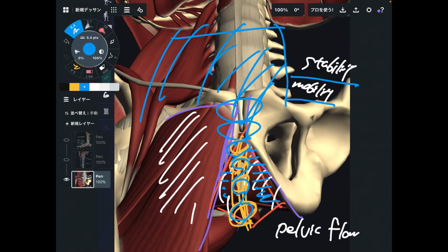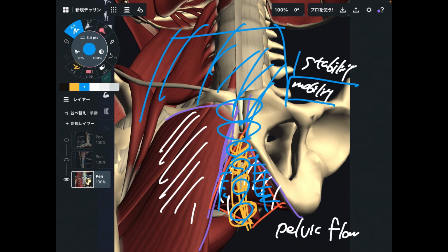It's such an important place. Stability and mobility. What if pelvic floor is aggravated? Maybe digestive control is aggravated. Urogenital function is aggravated. This is a very important place. This is a delicate and important place.